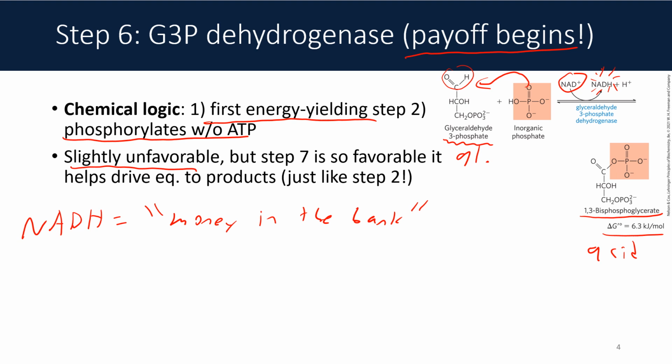Biology only had 2 billion years to perfect this. Because step 7, which is coming up, is so fast and favorable, that's going to drive equilibrium towards the product direction, because 1,3-bisphosphoglycerate will not hang around.